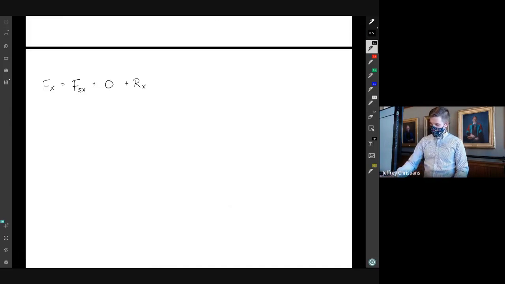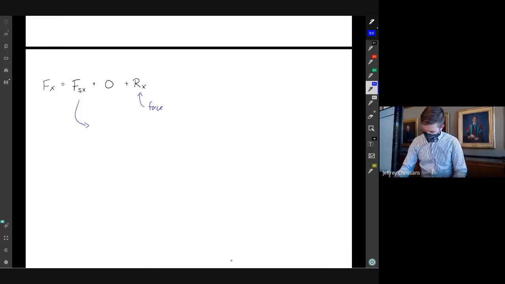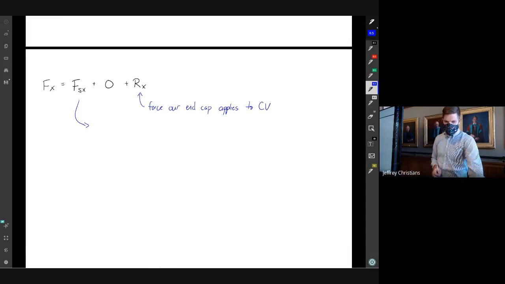So now let's pull out this one specifically. So this is force, that's the force our end cap applies to the control volume. This other one, this is pressure.